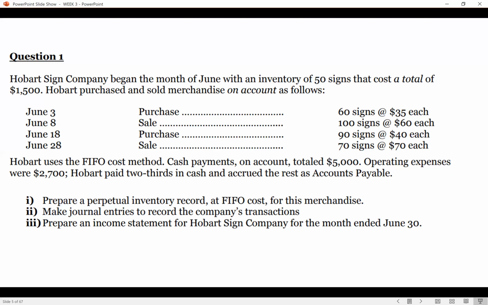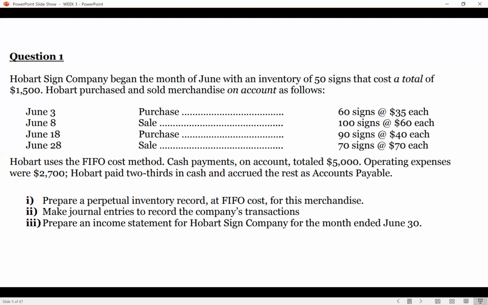So we're going to be doing the perpetual inventory system. So remember what the perpetual system is. After every transaction, it's something continuous. So it updates in real time, whether you sold something or purchased something. After each transaction, you're updating the system so you are aware of what you have on hand at any given time.